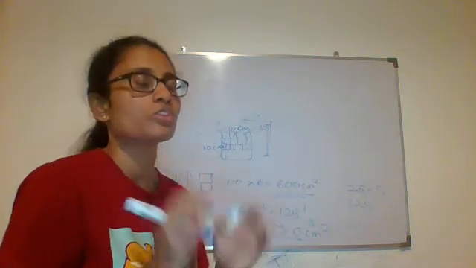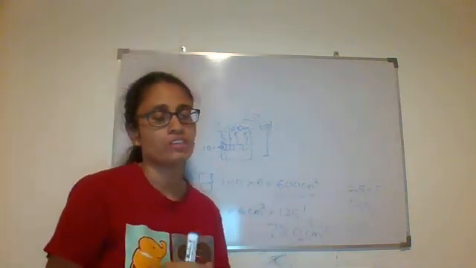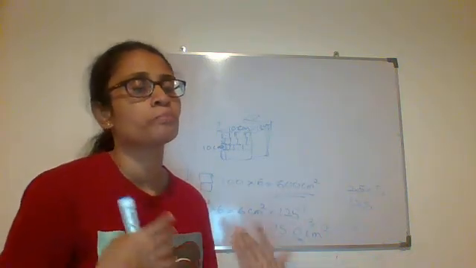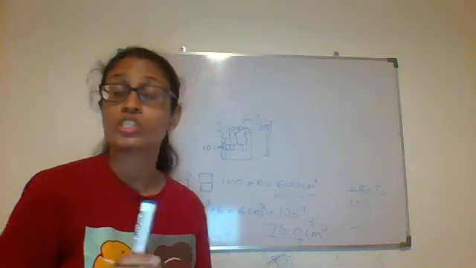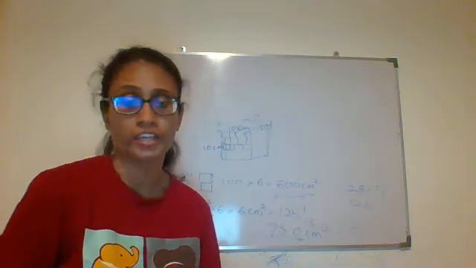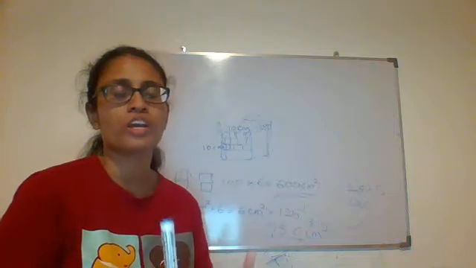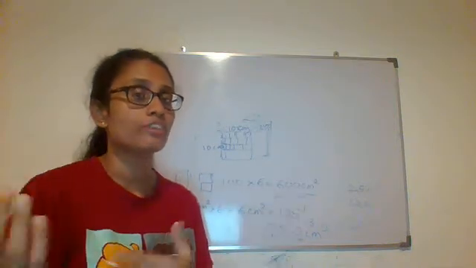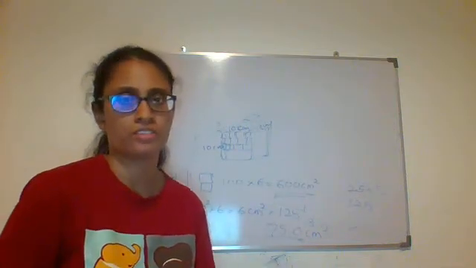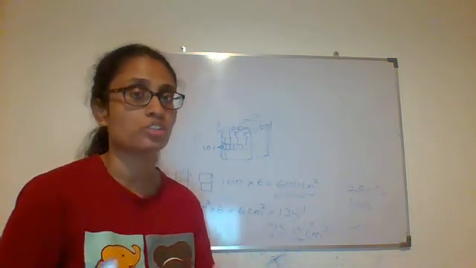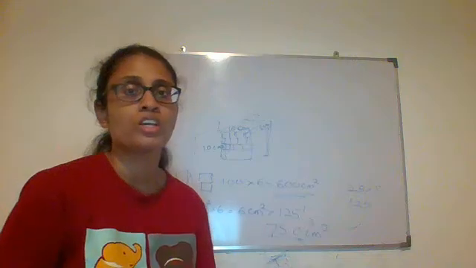So when the surface area is large, the reaction rate will be high, because there is more surface area to collide with the other reactants. I told you that the rate of the reaction depends on the collision of the reactants.